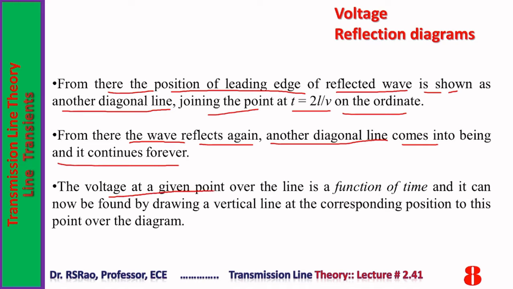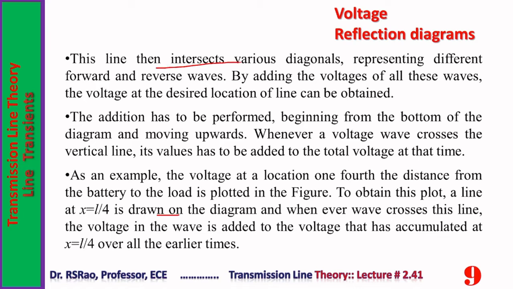The voltage at a given point over the line is a function of time and it can now be found by drawing a vertical line at the corresponding position over the diagram. This line then intersects various diagonals representing different forward and reverse waves.